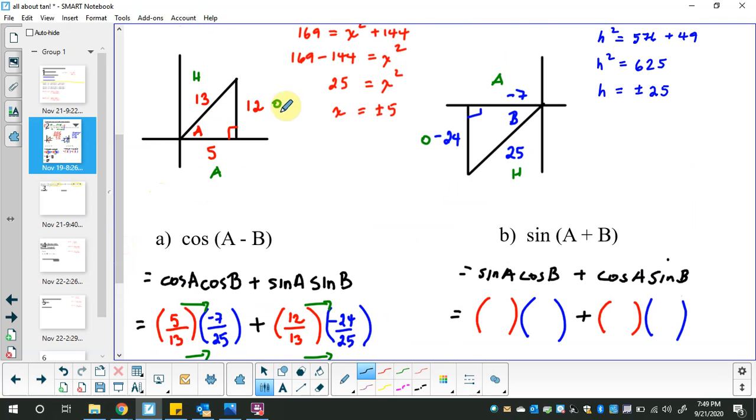So sine of A, go over to the A picture and do opposite over hypotenuse.